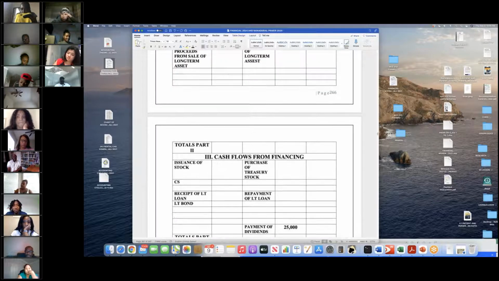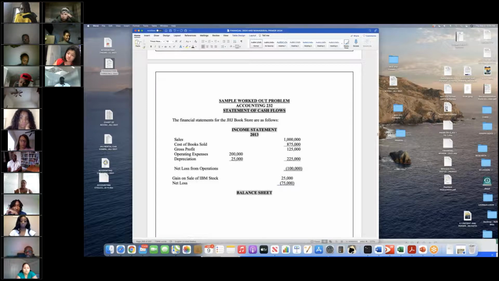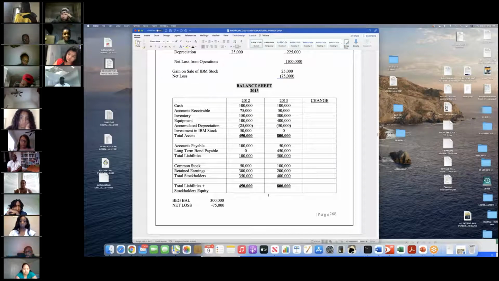What's our next asset? Equipment. What did equipment do? Increase. 100,000. What part of the statement is it going to be in? Operations. No, long-term assets. Long-term assets are always in part 2. Inventory and receivables are always in part 1.